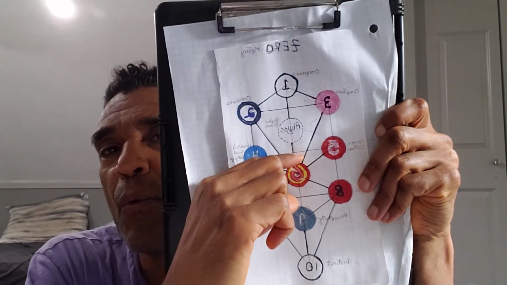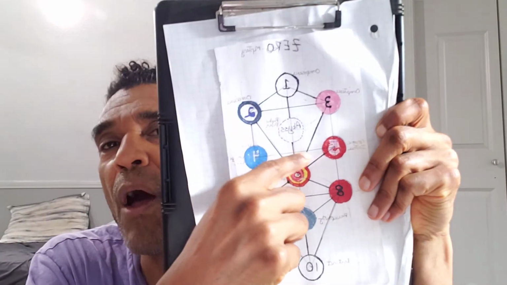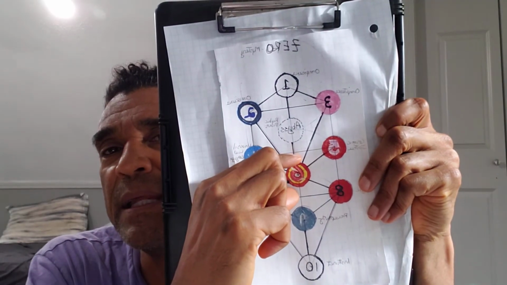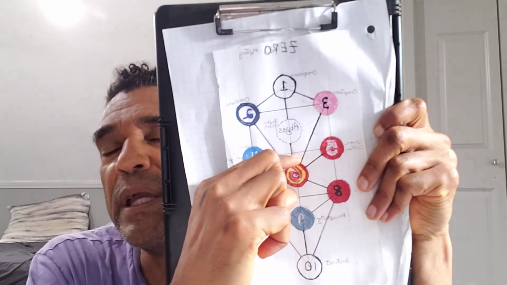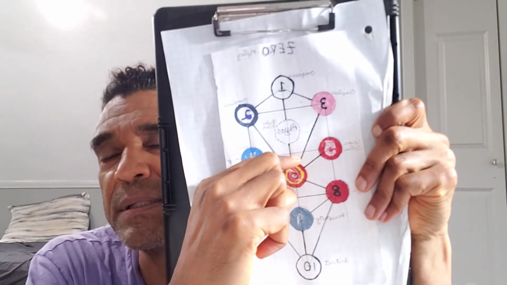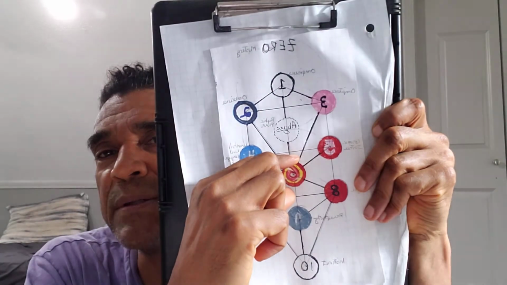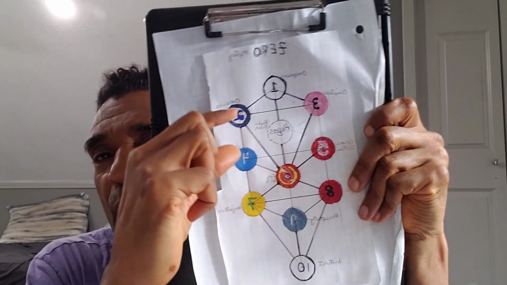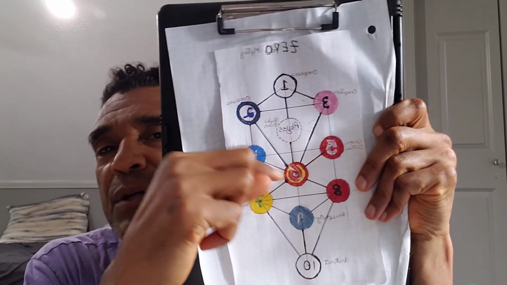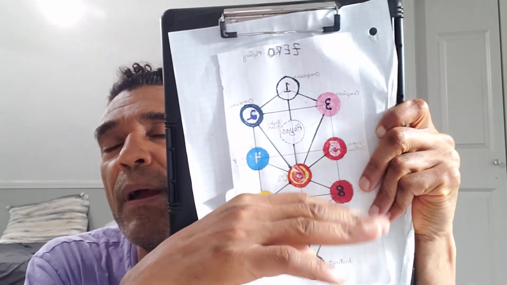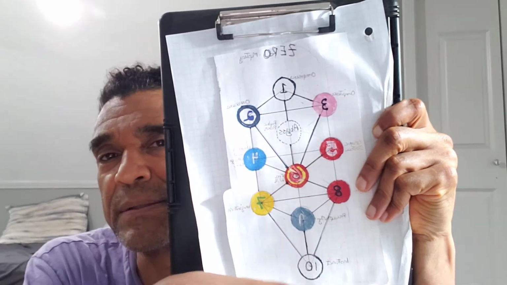Okay, so we're going to be taking each one of the 12 faculties of consciousness and dividing it into its 12 mini faculties or fractal faculties. So we have 12 faculties here, 12 mini faculties here, 12 mini faculties here, and so on. So that adds up to 144 fractal faculties.